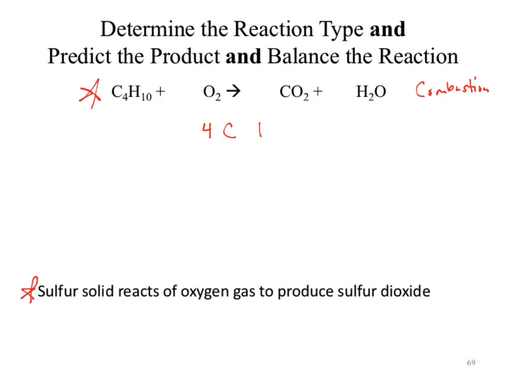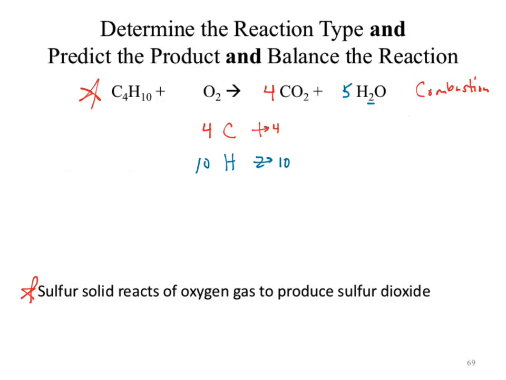Okay? So I have to make sure that I have 4 carbons. How do I make it 4? I'll change the coefficient in front. It's now 4. Okay? I'll now move to hydrogen. How many hydrogens on the left? 10 hydrogens on the right. 2. How can I make 2 equal to 10? I need a 5 in front. That becomes 10.